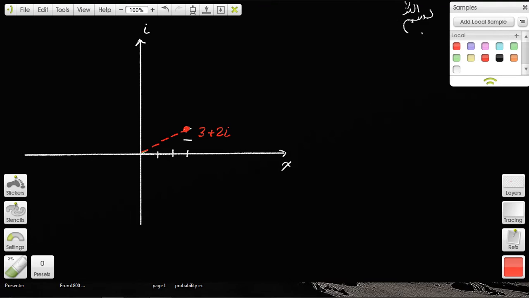Then if you imagine another complex number such as 2 and 2 right over here, that's 2 plus 2i, and this vector over here.